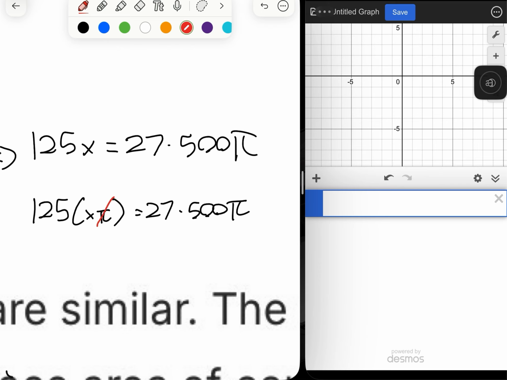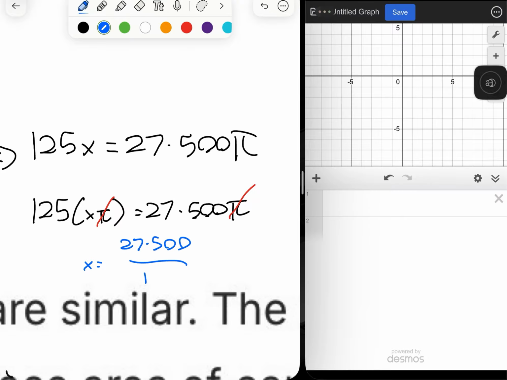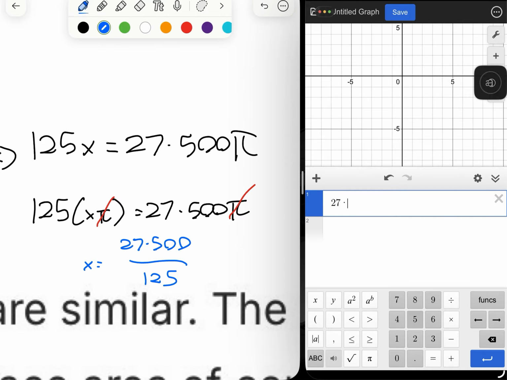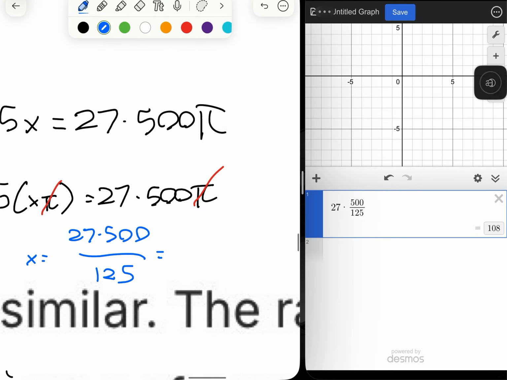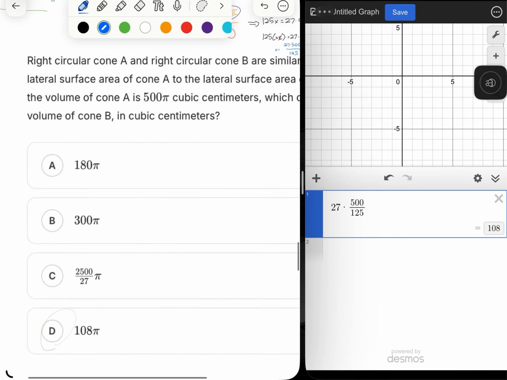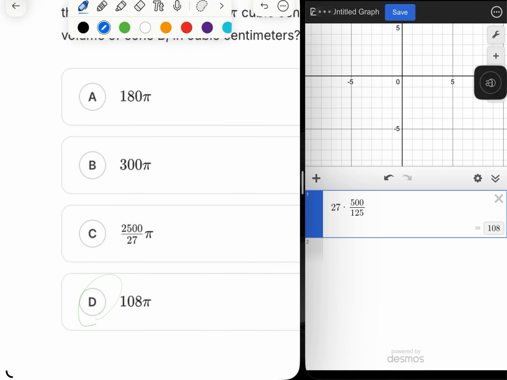Because now you can just cancel these pi's out, and you're left with x equals 27 times 500 over 125, which will give you a nice number. There's no decimal involved. That gives us 108 as our answer, and of course, that's what I circled here: 108 pi.